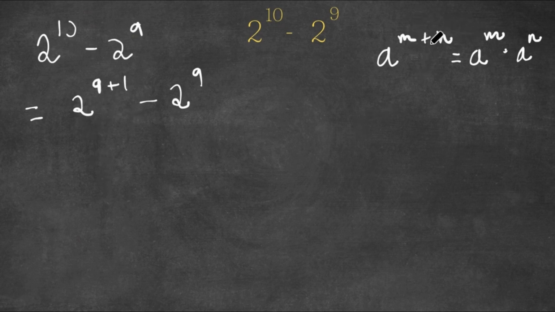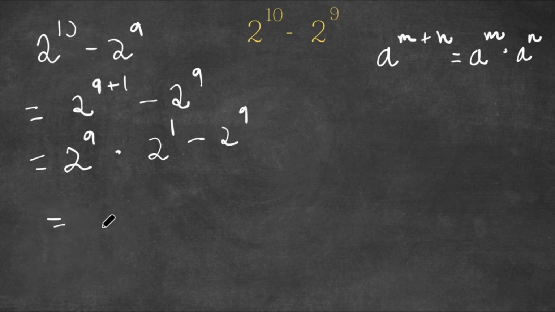So I'm going to use this property for 2 to the power of 9 plus 1. We can think of 2 as a, 9 as m, and 1 as n. So this would equal 2 to the power of m, which is 9, times 2 to the power of n, which is 1. And now we are subtracting this with 2 to the power of 9.